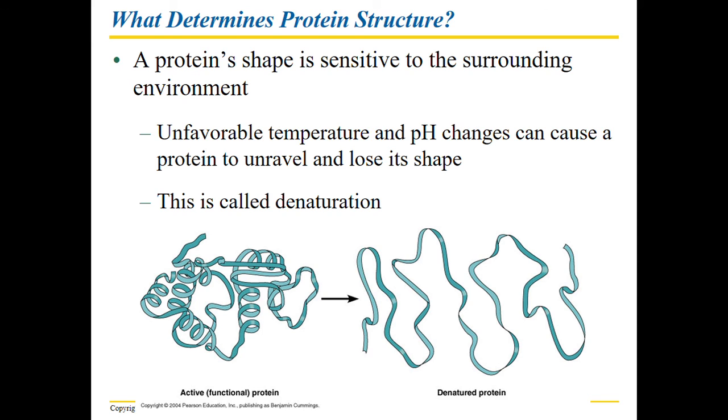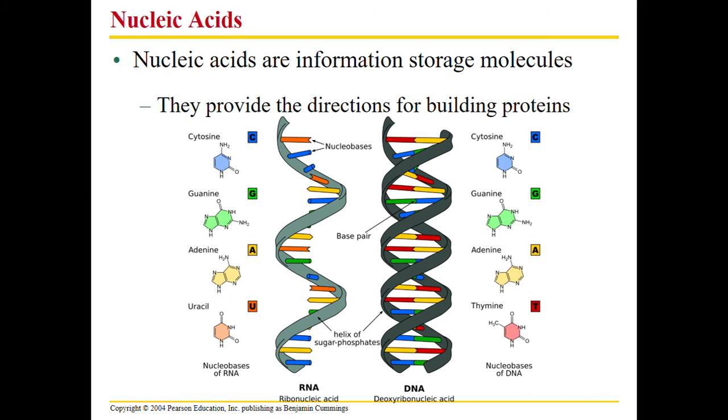For example, if you're cooking an egg, that egg white, once it turns white, it's denatured and you can't get it back into its original form, right? So think about frying an egg. Once that egg is fried, there's no going back. It's denatured. It's over.